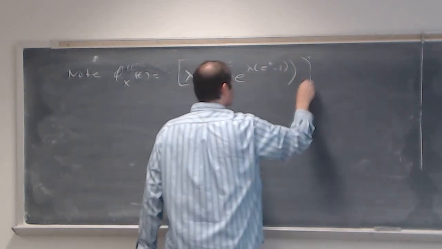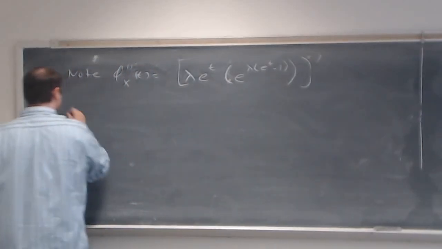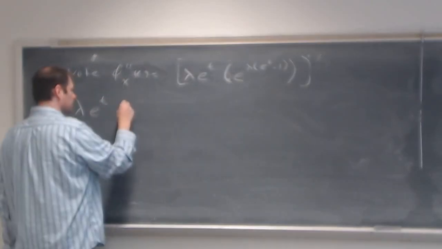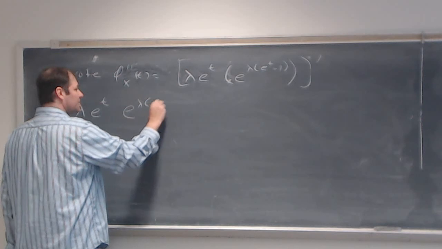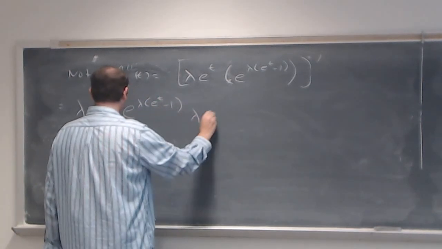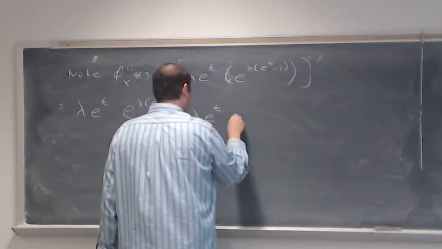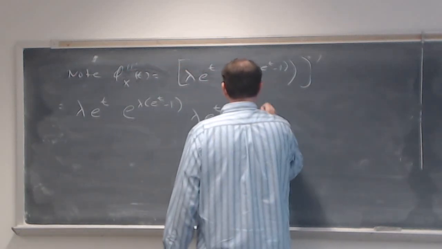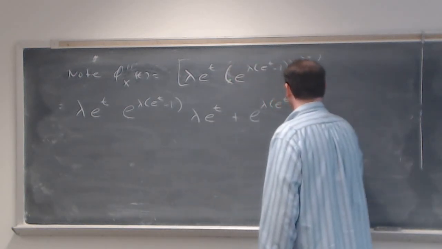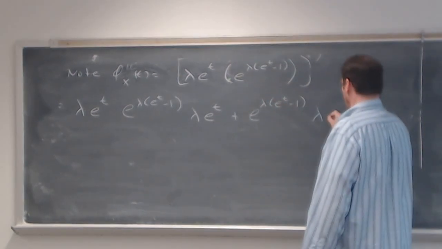Okay, so we need to take its derivative with respect to t. So I'm going to use the product rule again. I'll write down the first, times the derivative of the second, which is e to the lambda times (e to the t minus 1) times lambda times e to the t, plus, now we write down the second, times the derivative of the first, which is lambda e to the t.